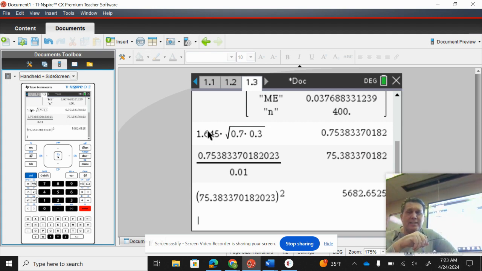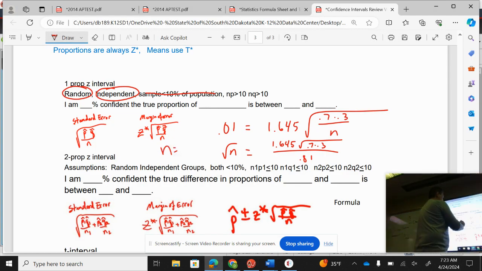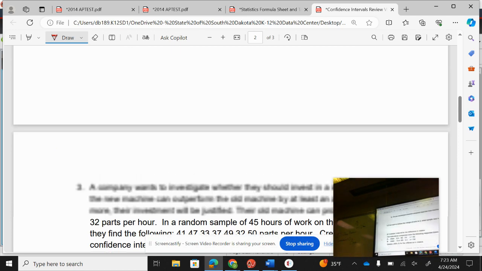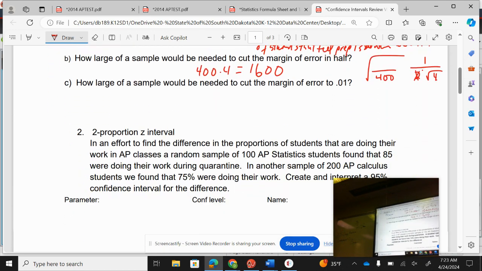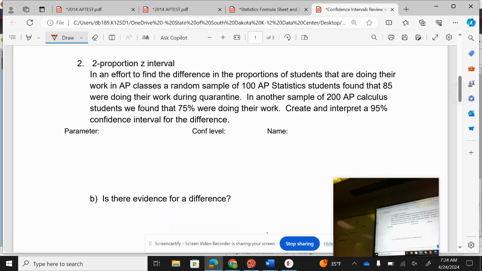It's 5,683 would be our expected n that we need to get this done. Quite a big sample to get that done. That's why most of the time in samples, they don't make them that big.